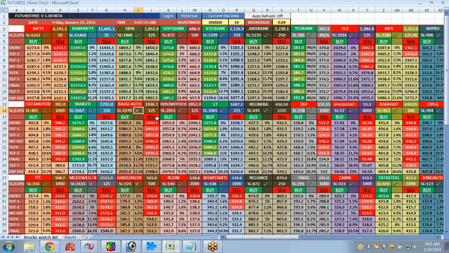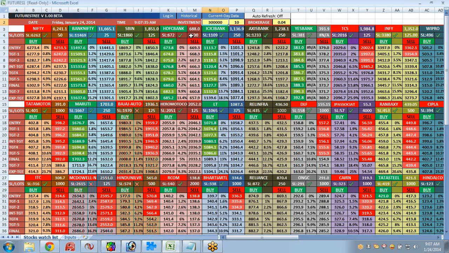It means that that script is not ready to trade yet. So we'll have to take the current day data at around 9:20 or 9:30. Then that particular script also will change and become clear like this without any background, and then you can start trading on that. Now we have the day, time, and investment.